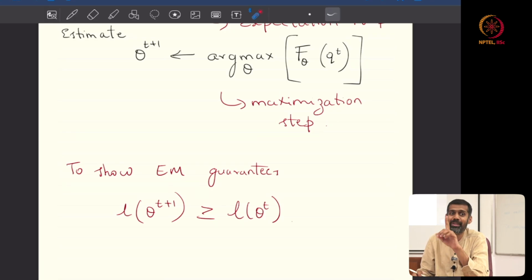Please again remember the story: we want to estimate the posterior of y given x in the case of supervised modeling, and to estimate that we want to estimate the class conditional densities, and class conditional densities may be GMMs. That is the storyline so far.